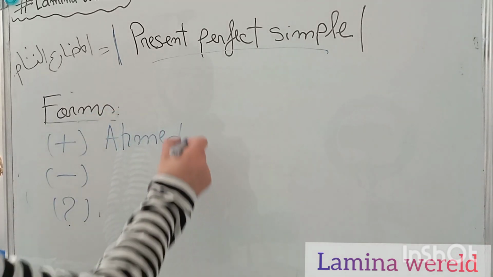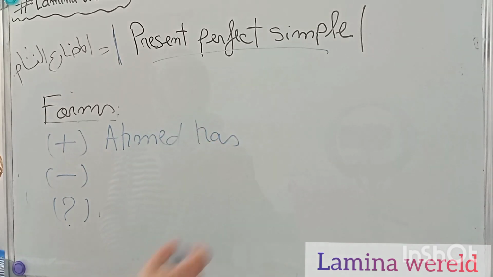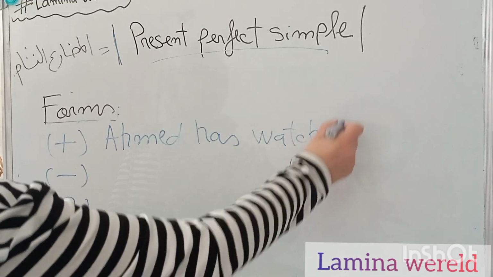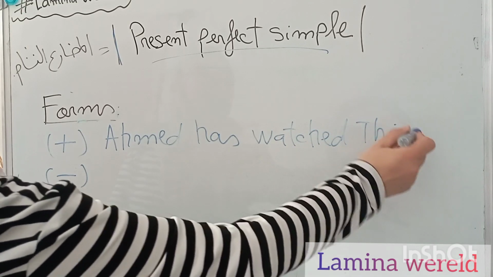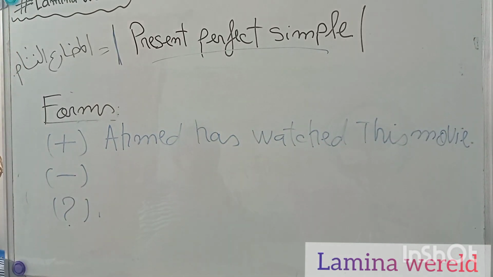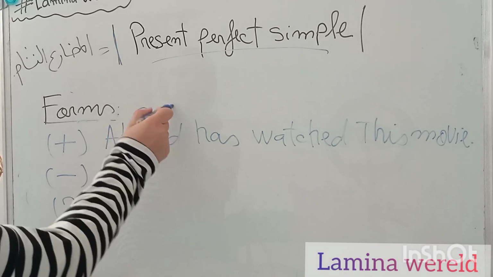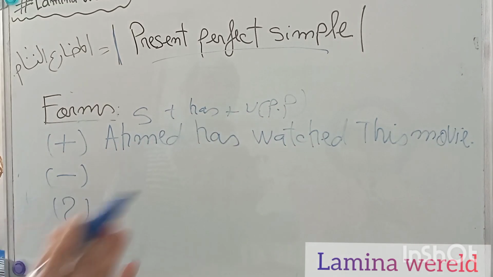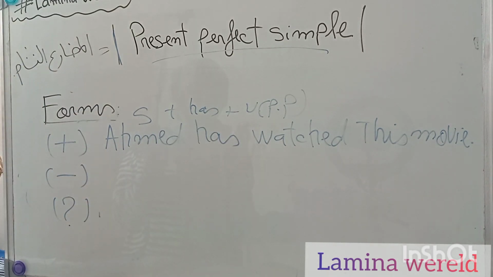Ahmed has watched this movie. So this is an affirmative, of course, because we start by subject and we have has and we have verb in the past participle. So this is the rule.